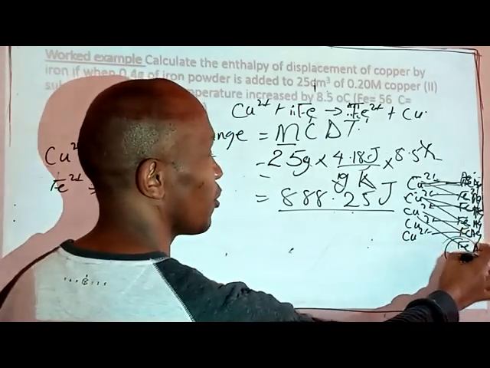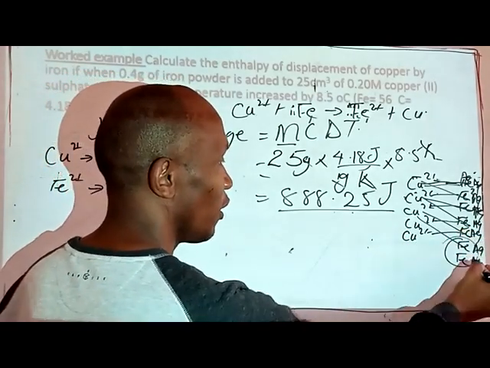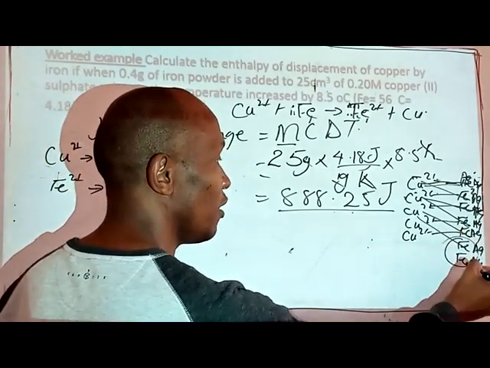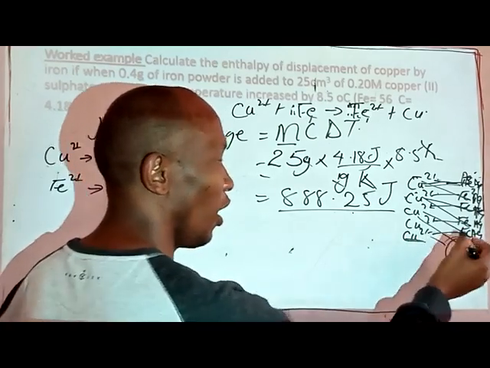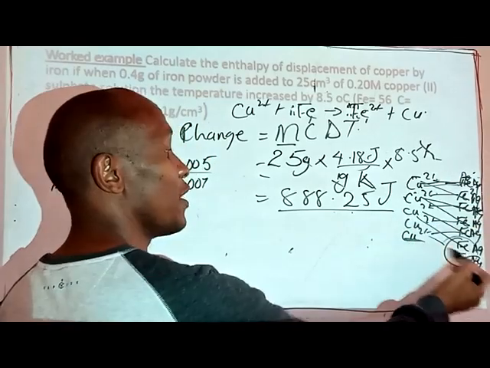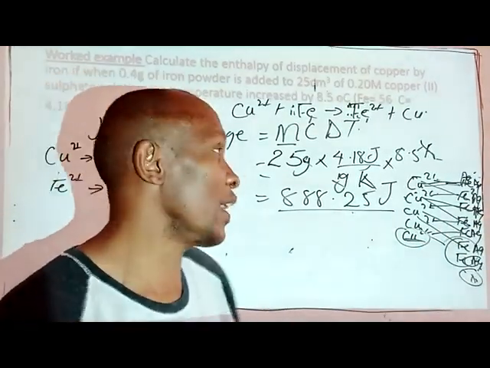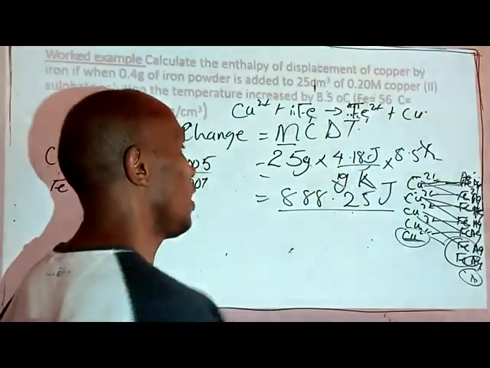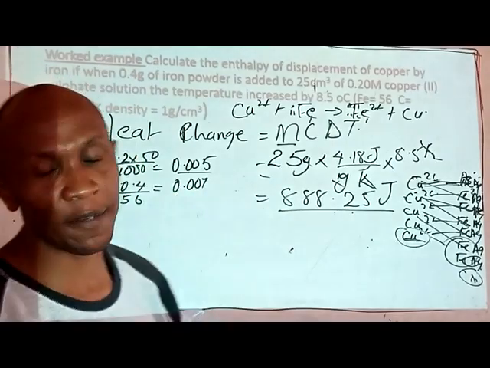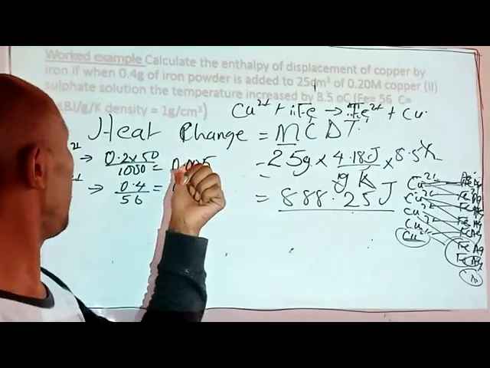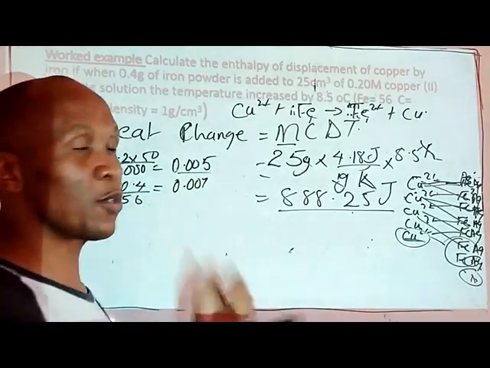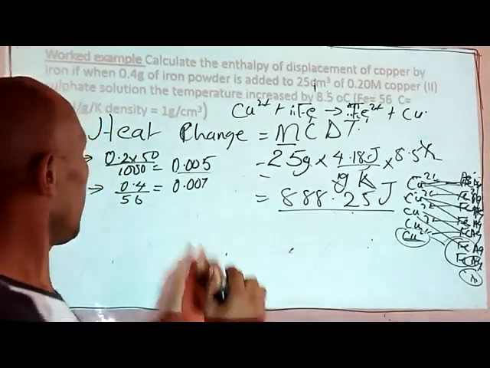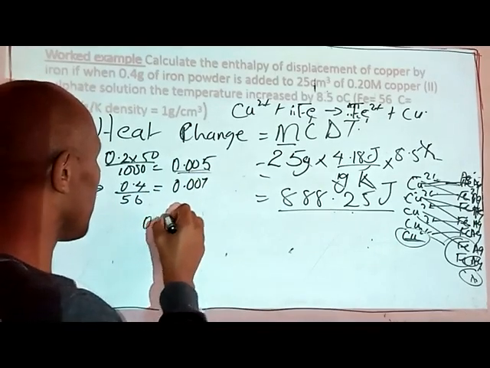Of course I'm talking of silvers. So I will need another silver; all the silver would have reacted, but the copper would have been in excess. But in this particular case, we have discovered that the iron is in excess, so all the copper is going to react. So we therefore say 0.005.